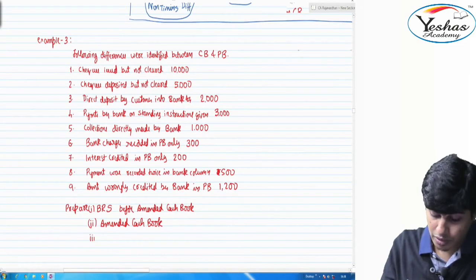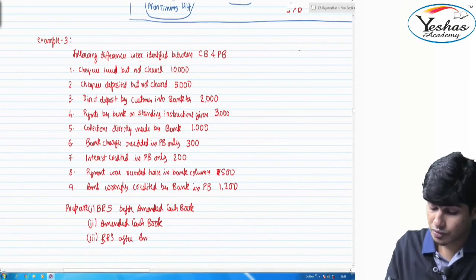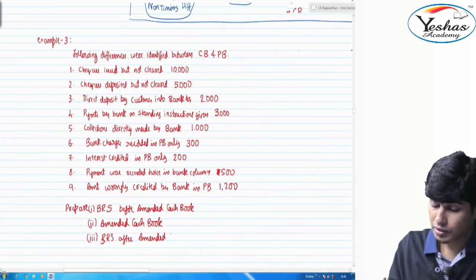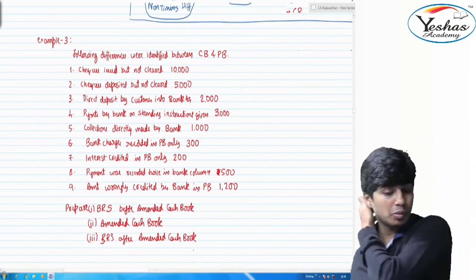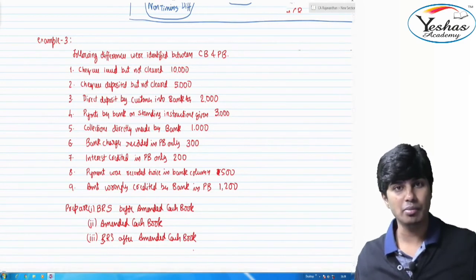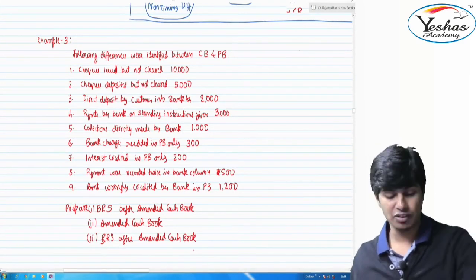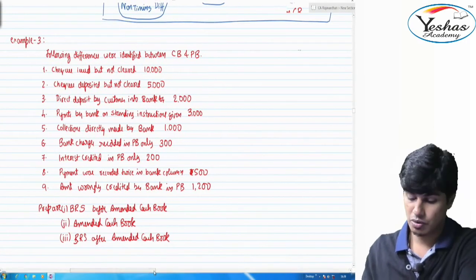Then third, bank reconciliation statement after amended cash book. So we are supposed to do these 3 things. You get that? Come on, let us get started.